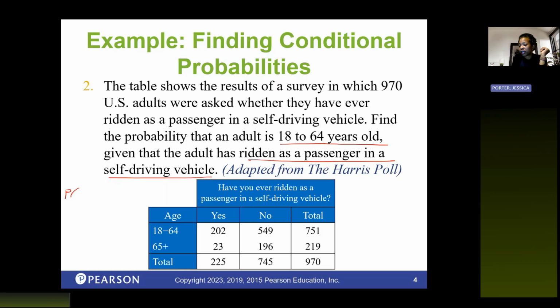So the probability the person is 18 to 64 years old, given that they have ridden, I'm going to put yes, they have ridden in a self-driving vehicle. What do you think that probability is?